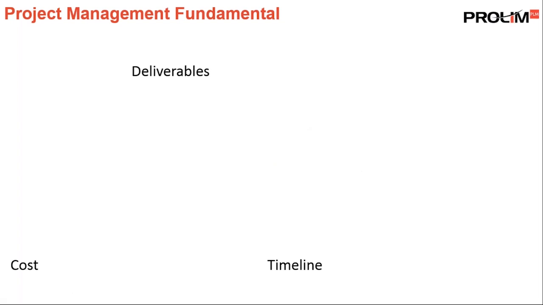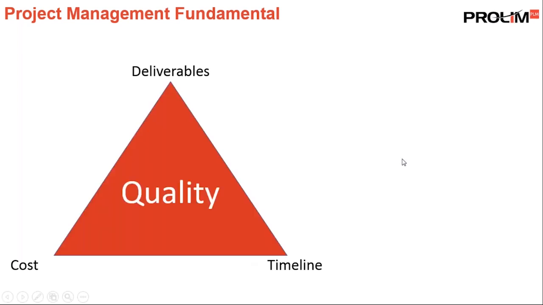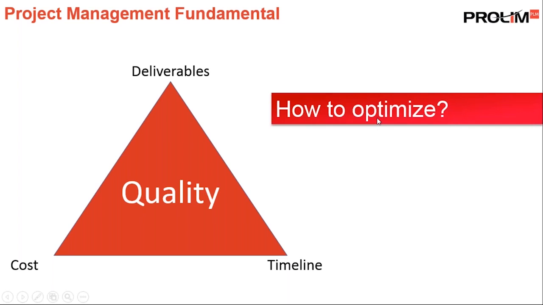If we are able to keep all these in control, our project management would be successful. And obviously, we cannot compromise the quality of the deliverables. But how can we optimize all these three pillars and keep quality in control?